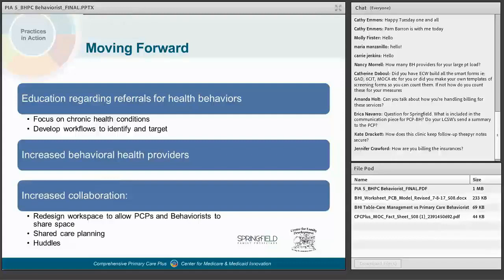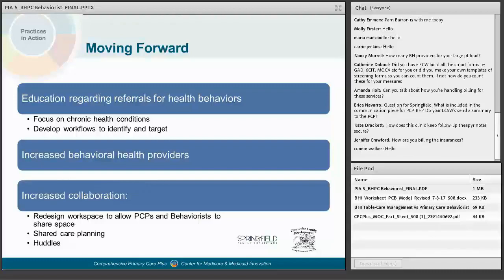So I think the thing that we're trying to focus on most right now is figuring out how to integrate behavioral health into the management of chronic health conditions that are not currently controlled. We don't have a great system yet for identifying patients who are not managing their diabetes well and getting them involved with behavioral health, or people who are not controlling their hypertension, things like that.